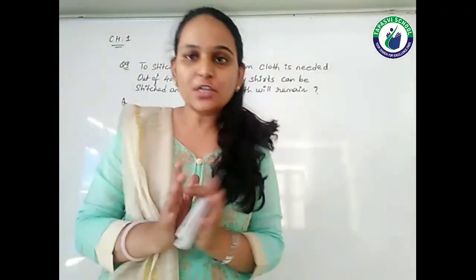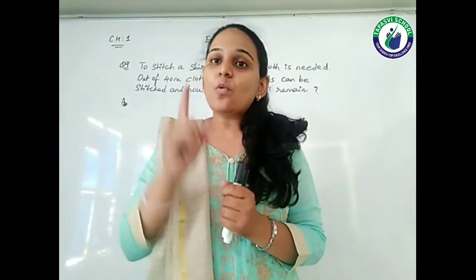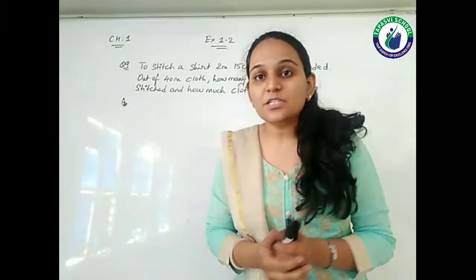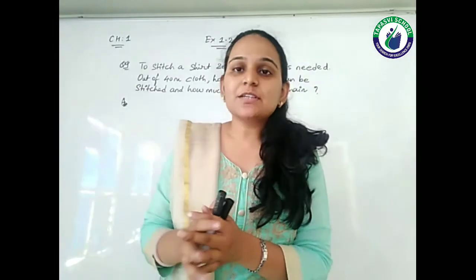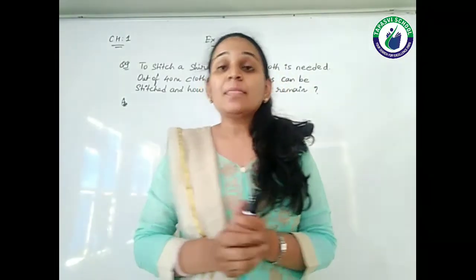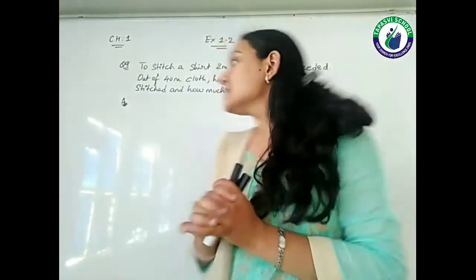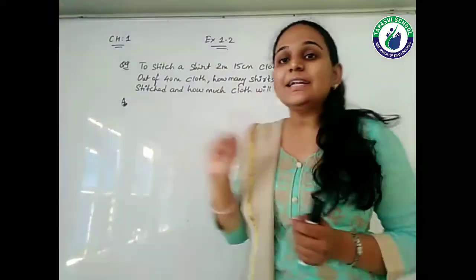Total cloth is 40 meter, right? Now we need to make shirts from it. One shirt requires 2 meter and 15 centimeter. At the end we need to tell how much cloth will remain after making the shirts. But to do any calculations, first we need to see the unit, students. Here the unit is meter, and here there is a combination of meter and centimeter.